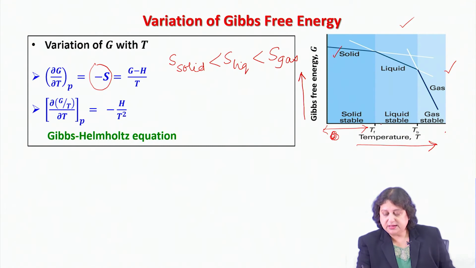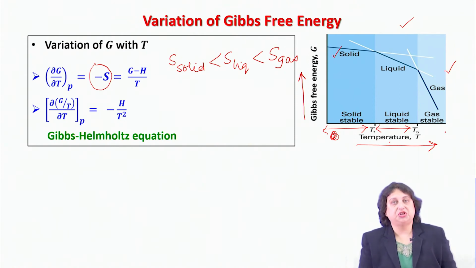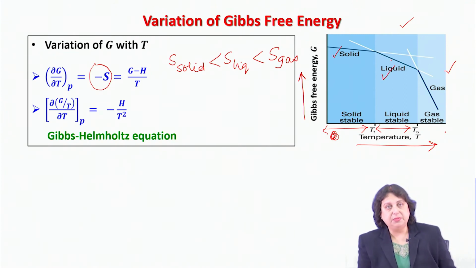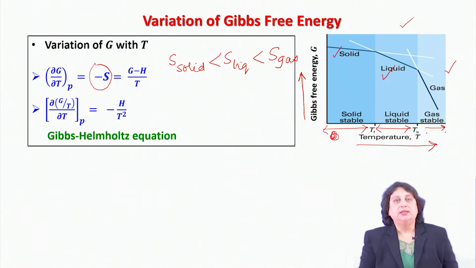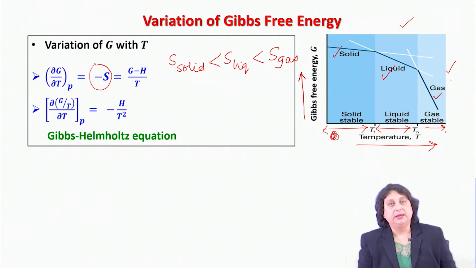In the intermediate range, at a temperature between the freezing or melting temperature and the boiling temperature, it is the liquid that has the minimum Gibbs free energy. And finally, at a temperature higher than the boiling temperature, the gas phase has the minimum Gibbs free energy.